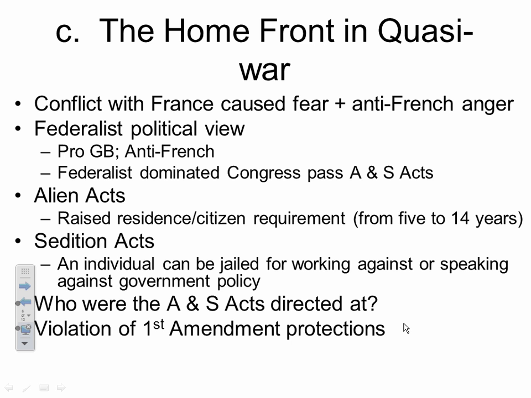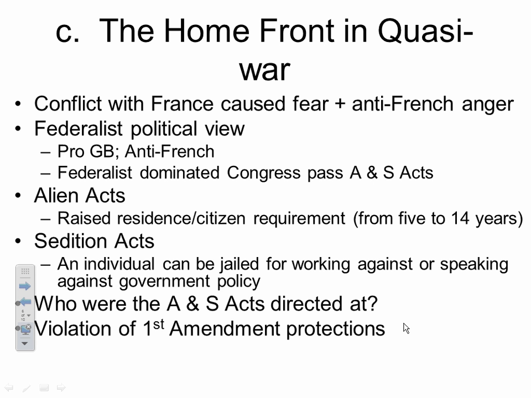And the other element, the Sedition Acts, meant that the power of the federal government could begin to monitor, arrest, silence anybody, individual or group, could be like a newspaper, who was beginning to criticize the government policy, which of course would be the Federalist policy. It's a Federalist president, and even Congress was dominated by Federalists at this time.